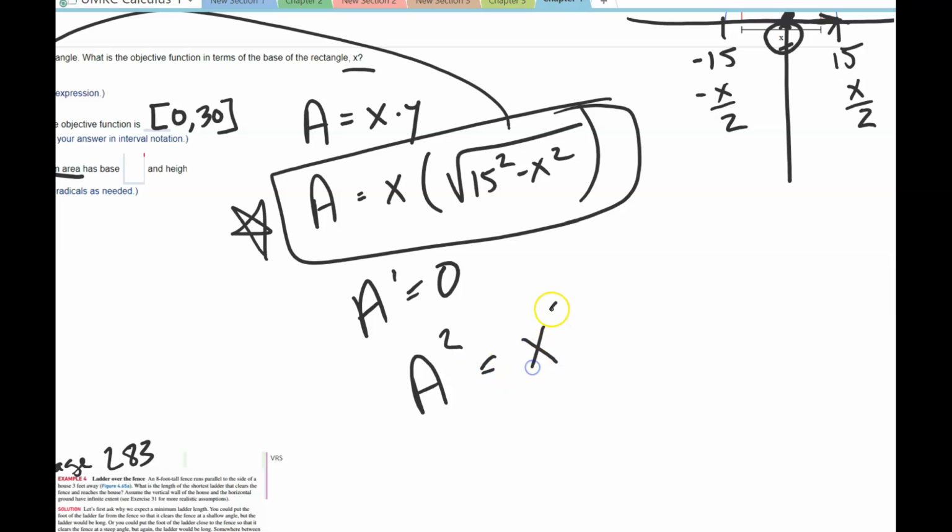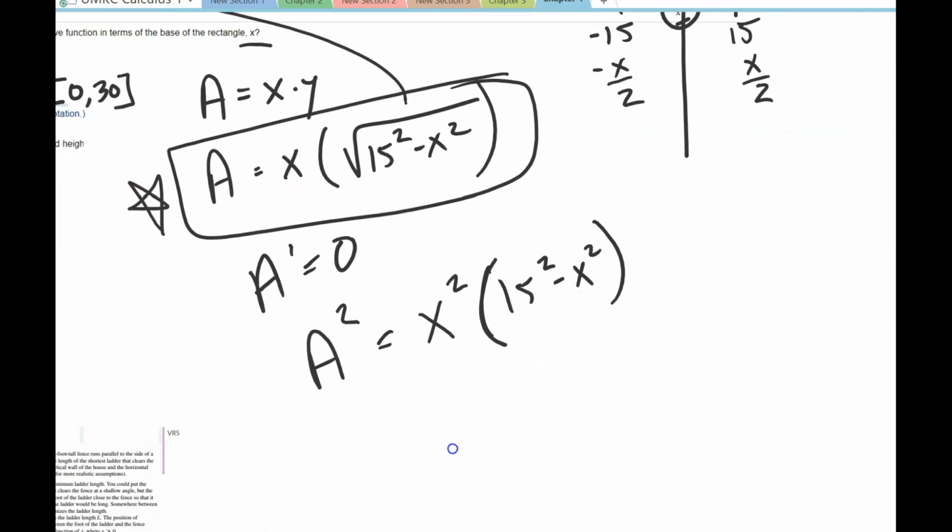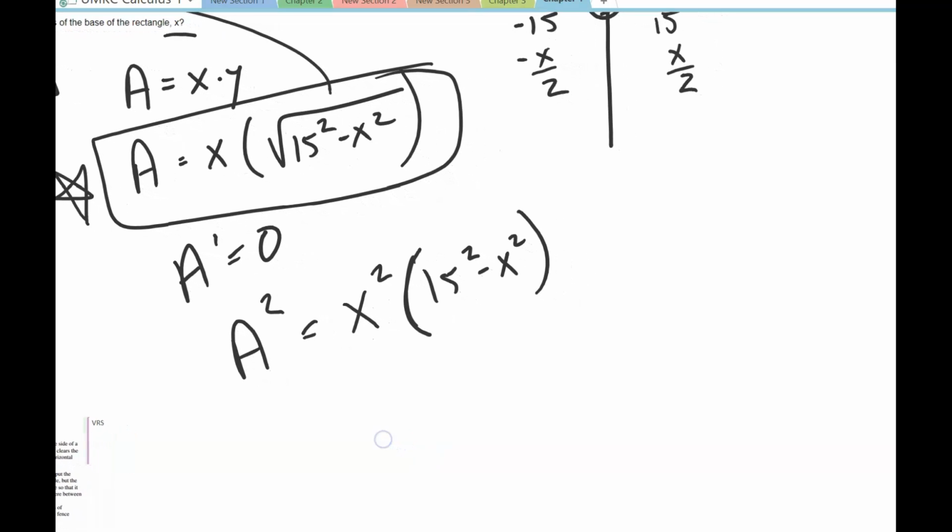That's going to simply be x squared times 15 squared minus x squared. So now if I want to look at the maximum of A squared, it's going to be the same point for A. It's a lot easier to compute the derivative of A squared. So if I do that, let's just distribute this beforehand, right?